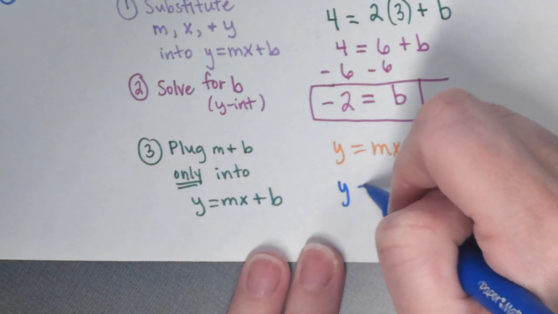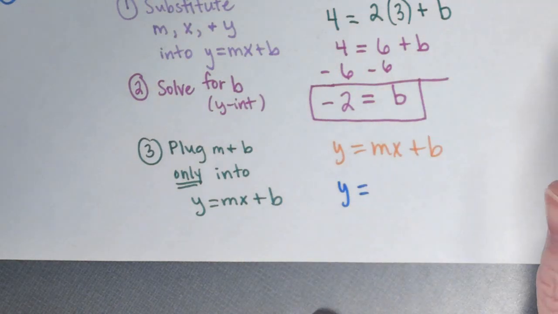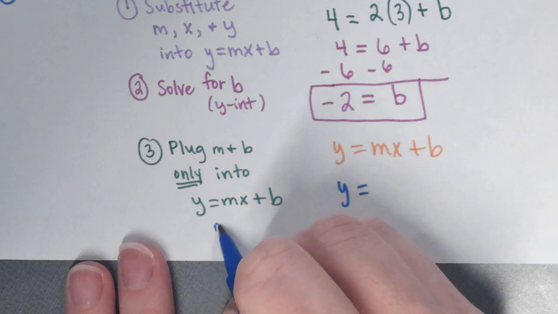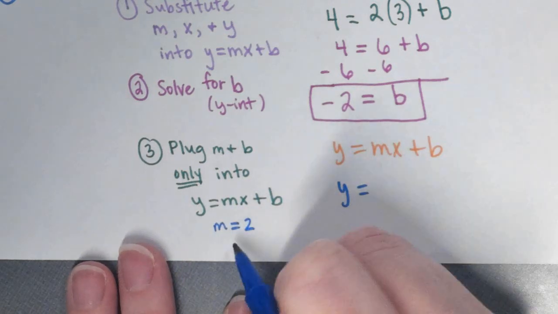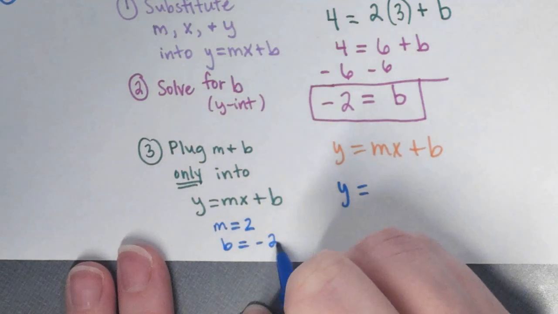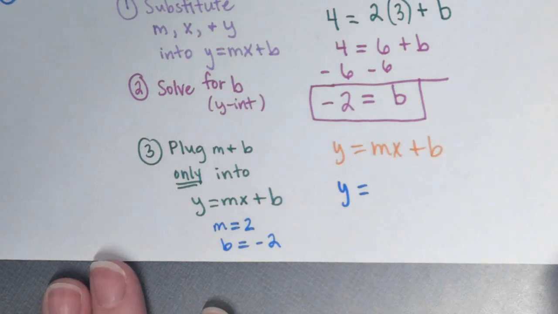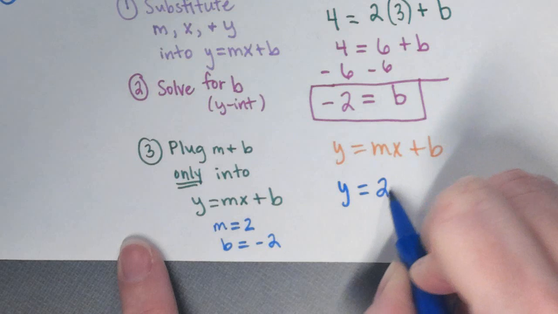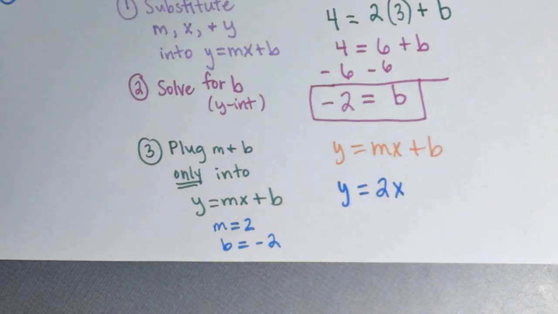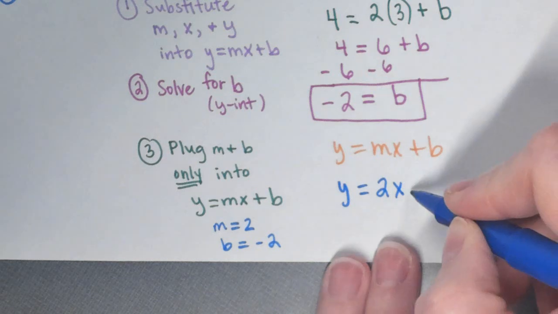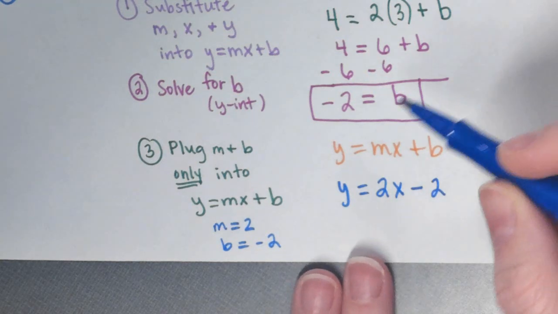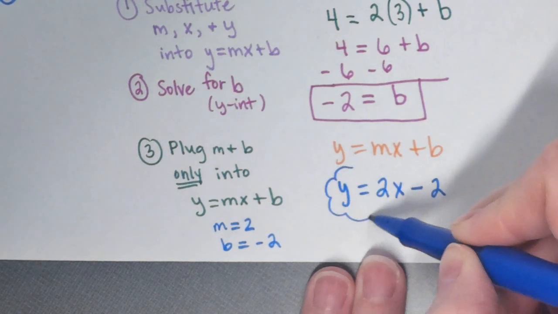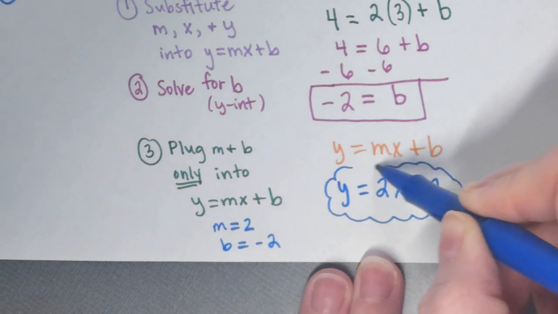You should always have your y and your x. Okay, so remember, your m they gave you is 2. You found that b was negative 2. So when you plug this in, if m is 2, we're going to replace that. And then remember, if the b is negative, you are going to write minus. And then this is your final answer.